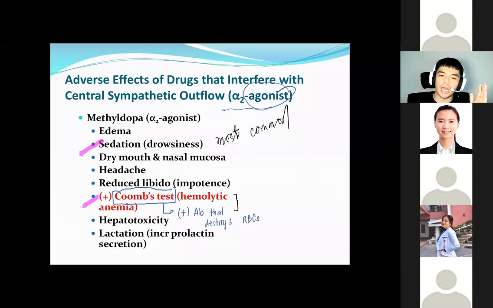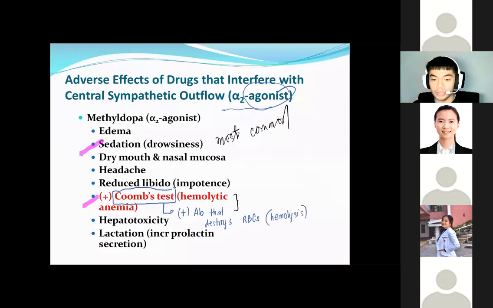And ang dinedetect na antibody dito is the one that can hemolyze RBCs, that can hemolyze or pinuputok niya yung red blood cells. Yan ang antibody na dinedetect sa Coombs test.